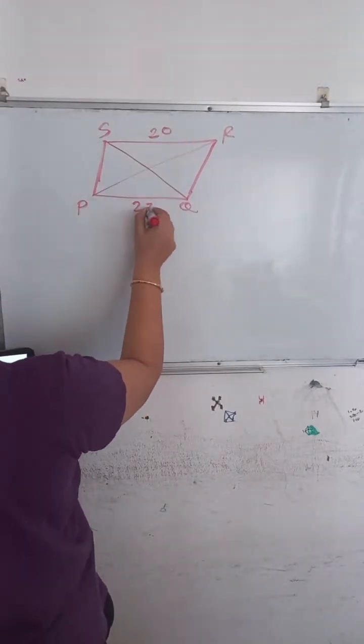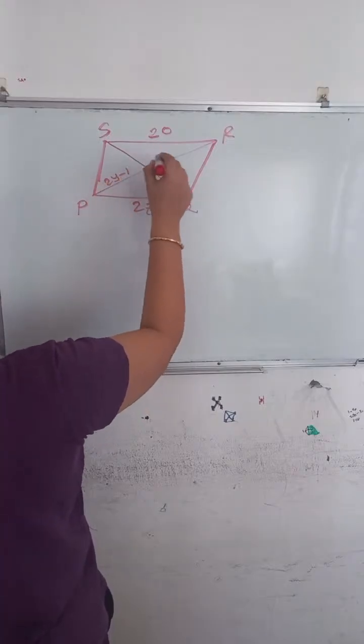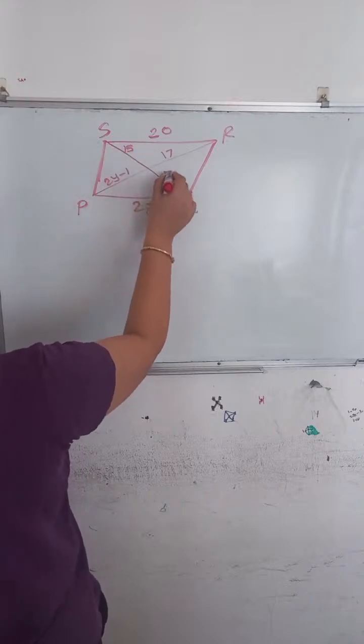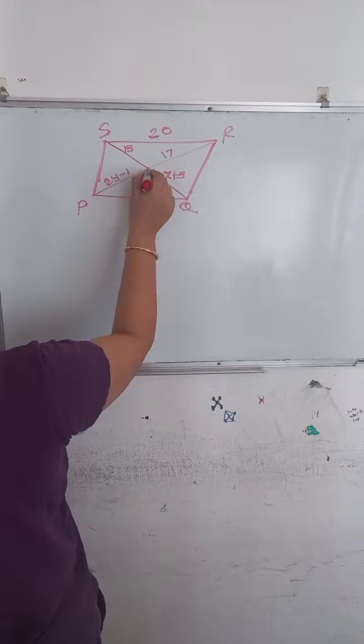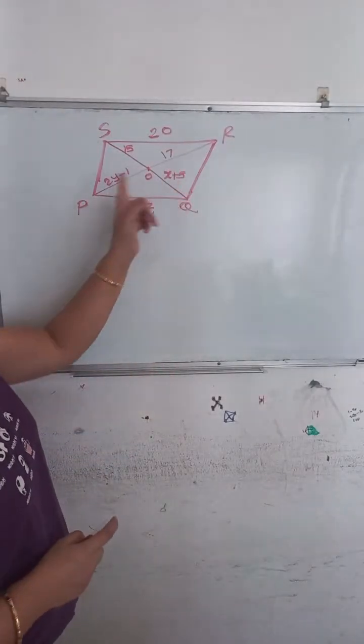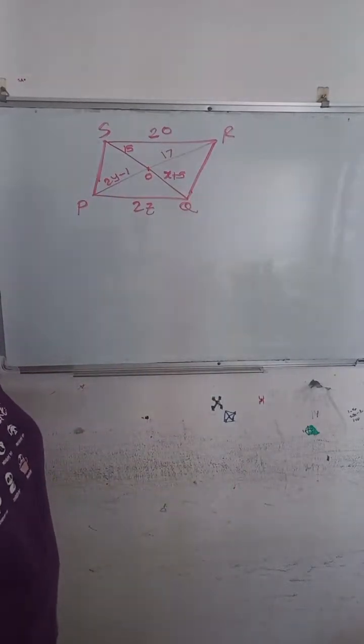This is 2z. This is 2y minus 1. This is 17. This is 15. And this is x plus 5. And this is O. This is the diagram we have, and they are asking us to find x, y, and z. All these three parameters we have to calculate.